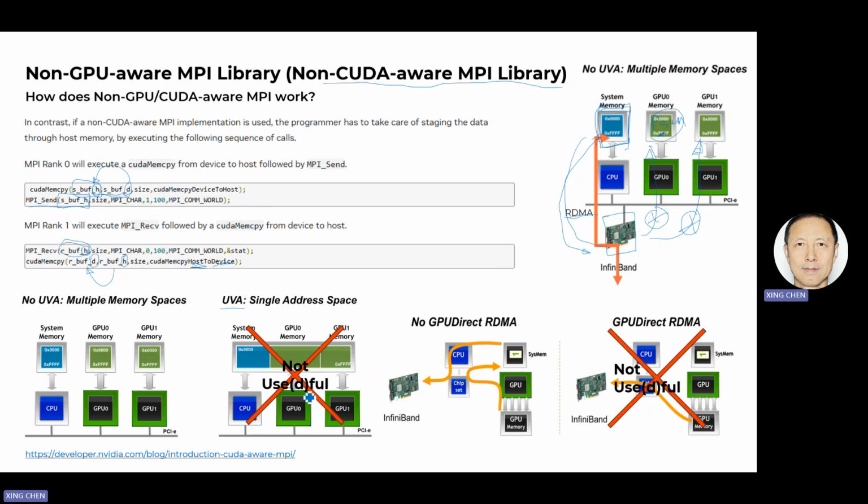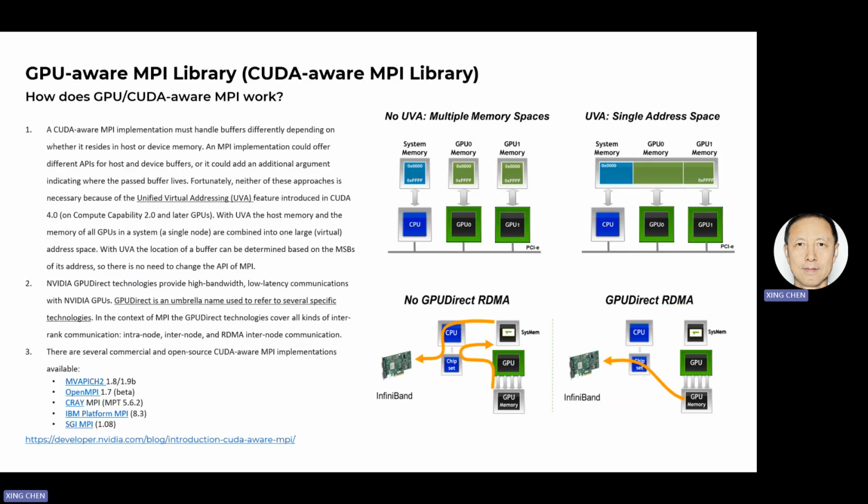It's not using the UVA features or the GPU Direct RDMA features. Those are not meaningful for this kind of non-GPU aware MPI library. But there are also libraries which are GPU aware MPI libraries, or CUDA aware MPI libraries.